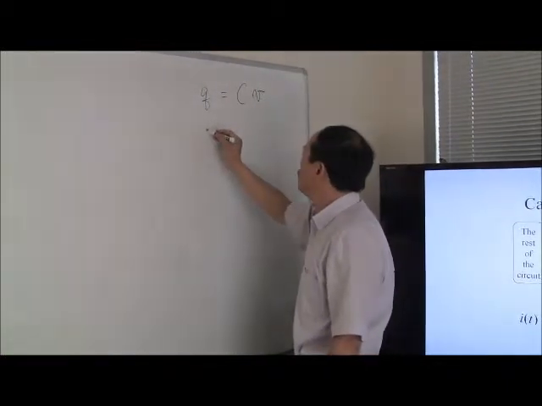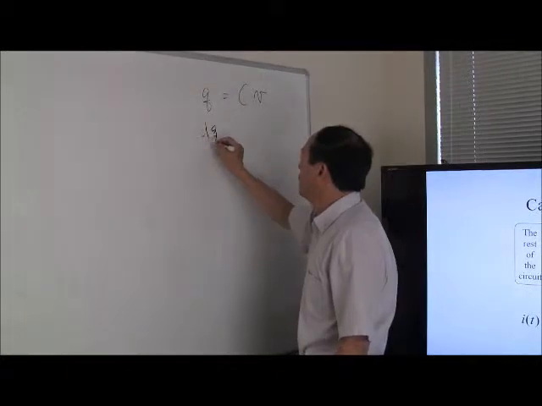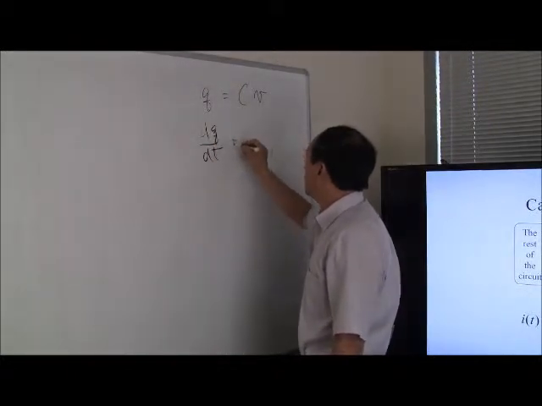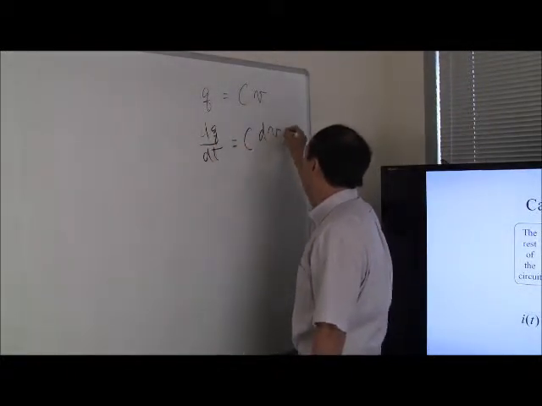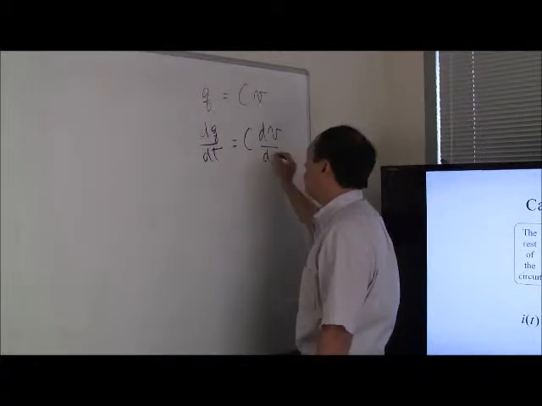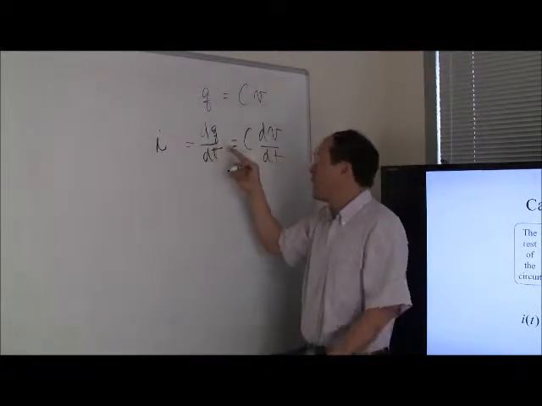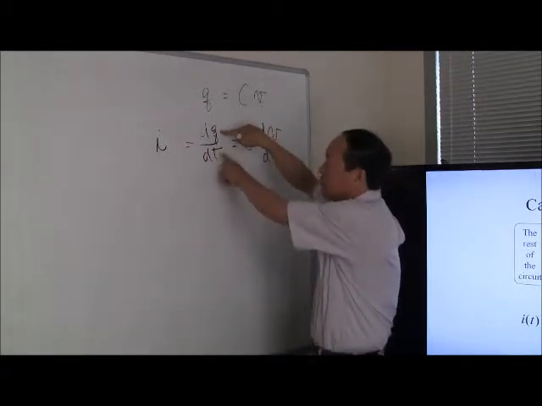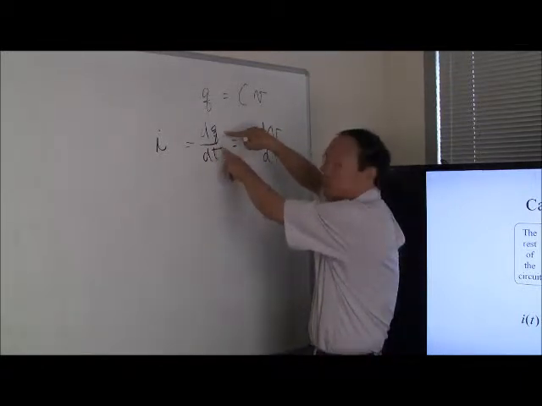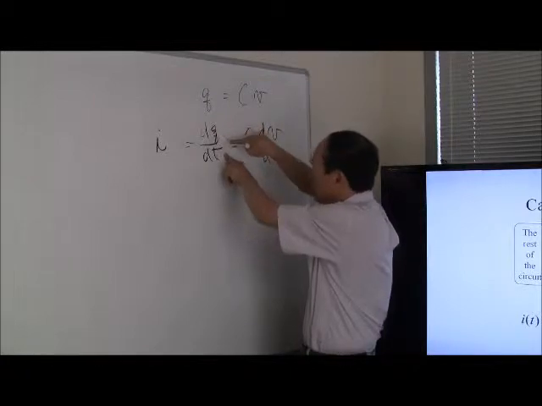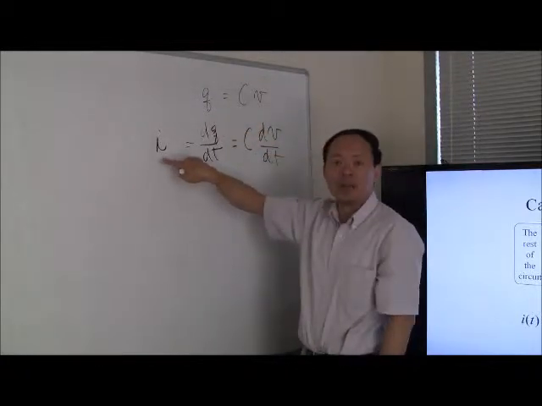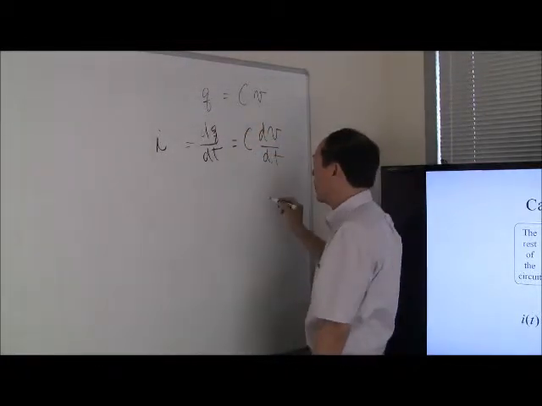So if you differentiate that with respect to time, dq/dt is equal to C dV/dt. And we know that this is current, because as you change the charge deposited on the plate over time, that is the current that flows into the capacitor.